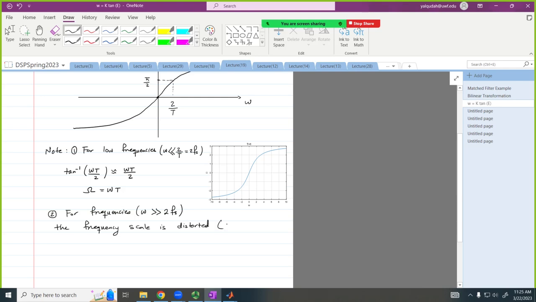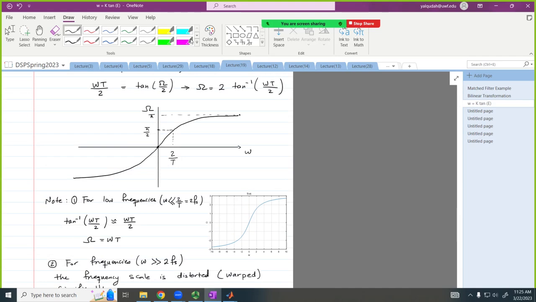Another way of saying that, the frequency scale is warped significantly. Up to this point, we have a linear region, and therefore we're happy. That's what we like to have. But outside of this range, all this frequency is going to map into this very tiny frequency. So all the frequencies are going to be distorted. Make sense, everybody?